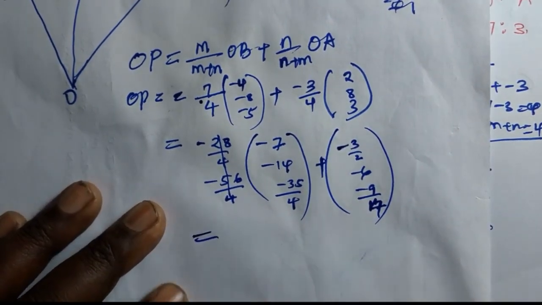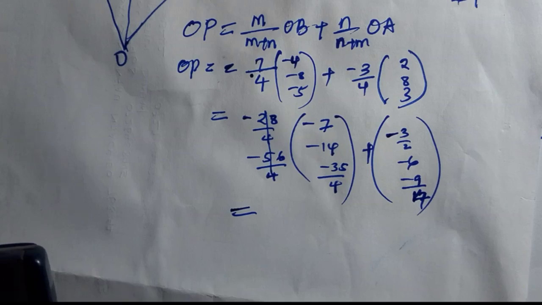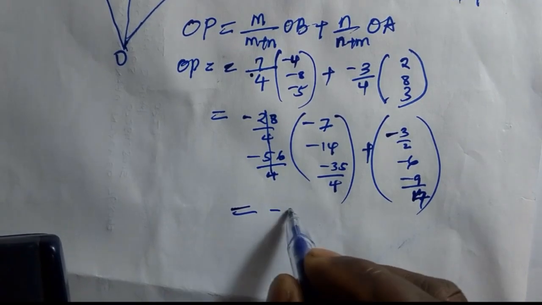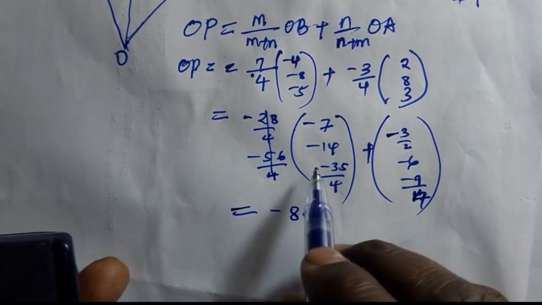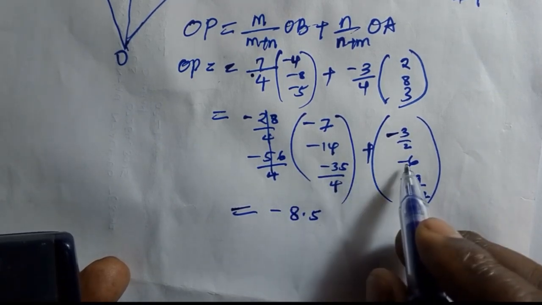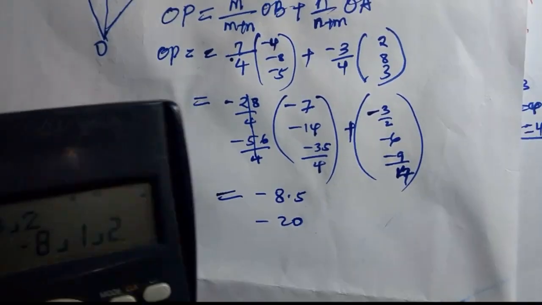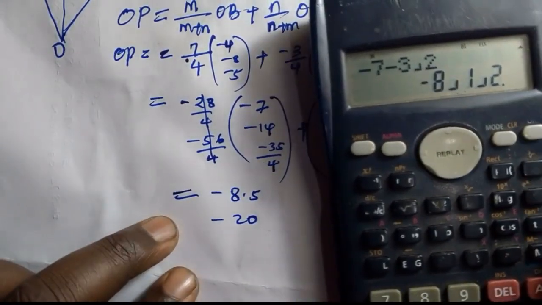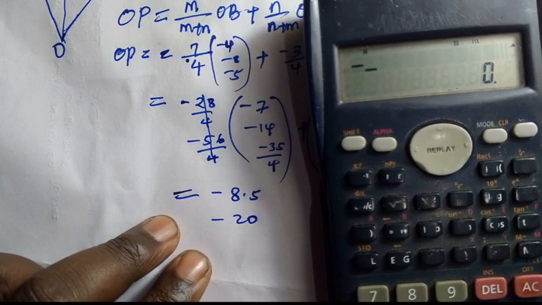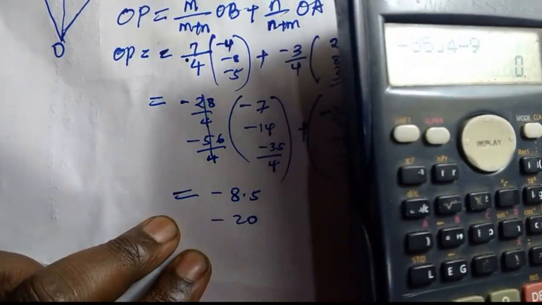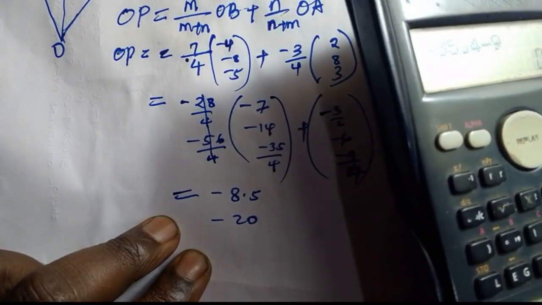So now we can add and see. So negative 7 plus negative 2 over 3, the answer is negative 8.5. Negative 14, negative 6, the answer is negative 20. Now you press your calculator. Negative 35 over 4 minus 9 over 4, negative 9 over 4.